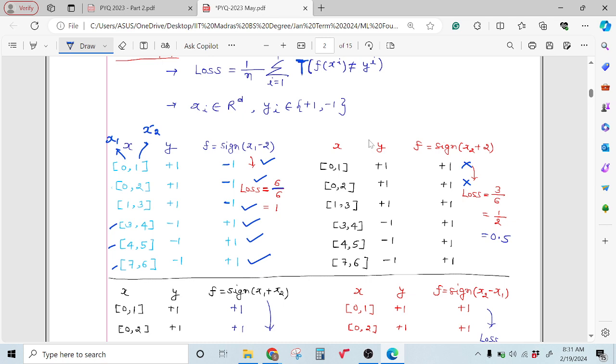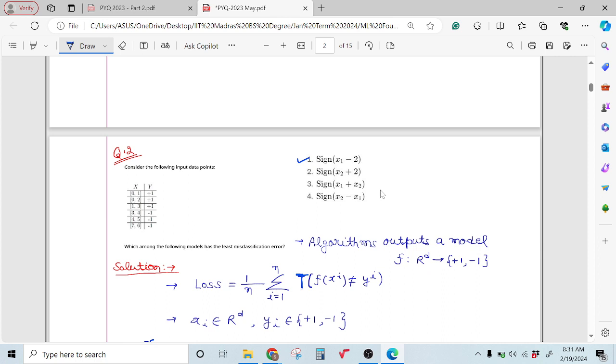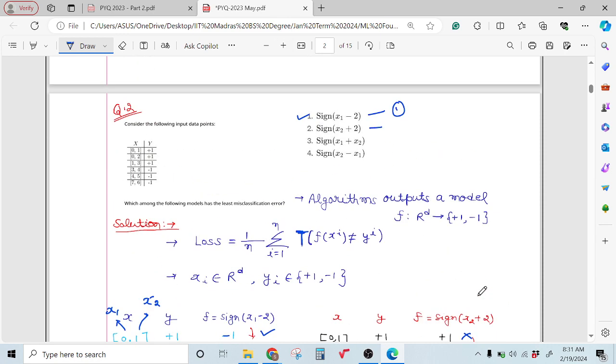This one deviates from our actual output, so we will consider this, and this, and this. So the value of loss will be where it is deviating from our actual output: 1, 2, 3, so 3 by 6 is equal to half, 0.5. So for the second option, the loss function is 0.5, and for the first it is 1.